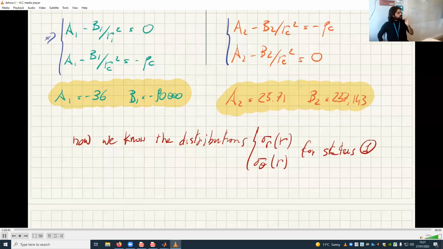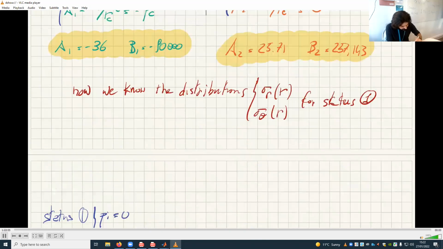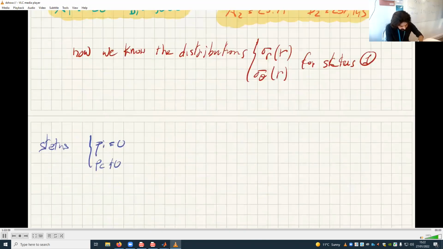Now, question for you. Now that I have no contact pressure, because I'm analyzing status 2, do I need to consider the core and the sleeve or not? What happens when the contact pressure is 0? That means you have no interference. But if you have no interference, this means that it's a monolithic shell.